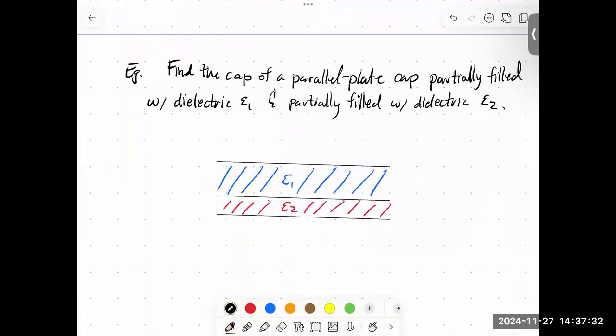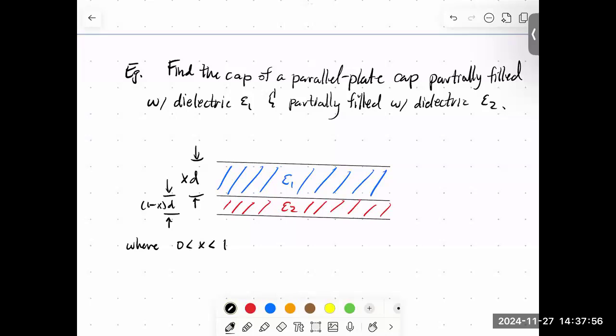And I'm going to make this distance here x times d, and I'll make this distance here 1 minus x times d, where x is some number that's between 0 and 1.